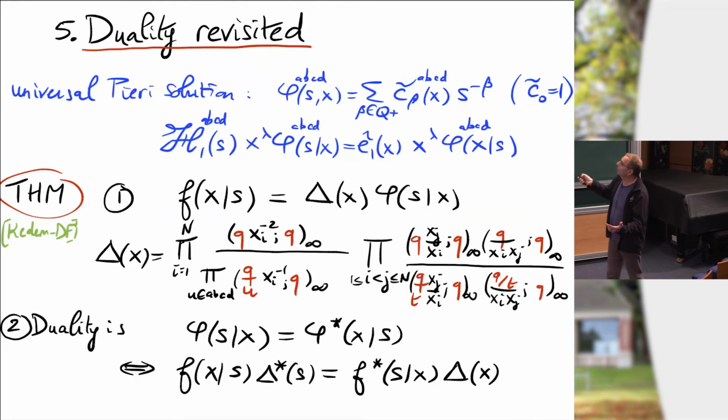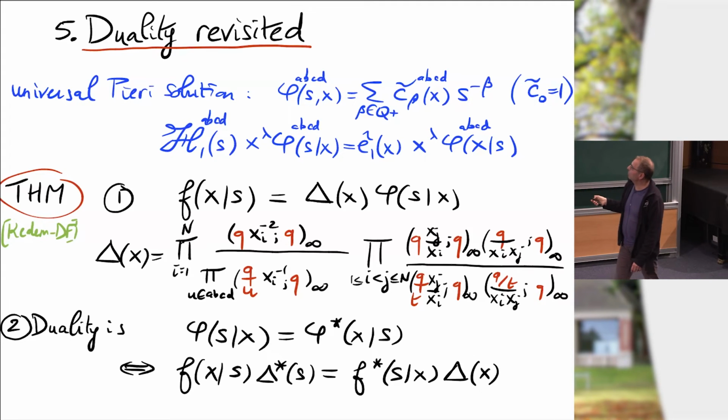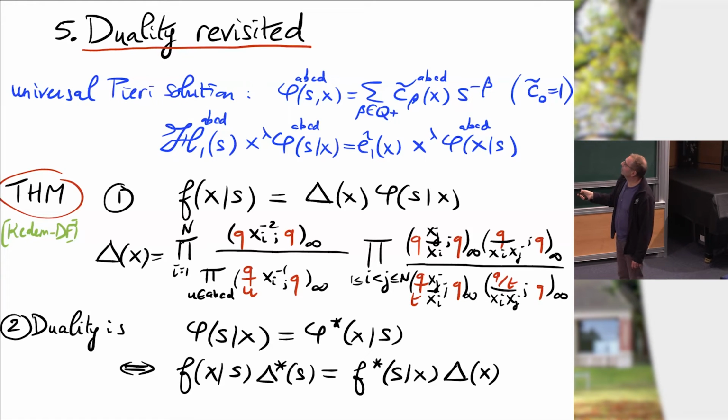So the duality, same thing. You can prove that the elementary solution for Pieri rules is proportional to the elementary solution for the Koornwinder eigenvalue equation via an infinite product delta, which is slightly more complicated, which involves all the parameters A, B, C, D, and also if you look at this ratio, these are actually the roots of type B. And then there's a square, so there's B and C mixed up.